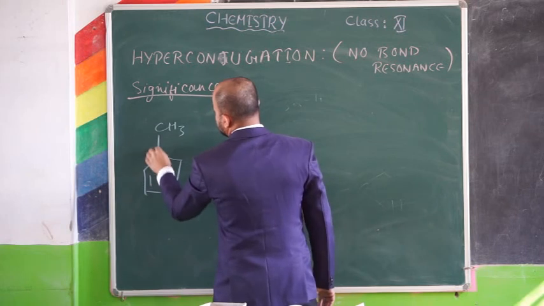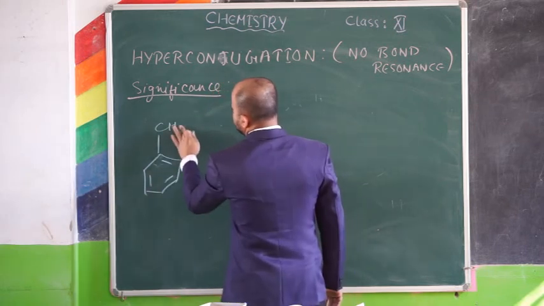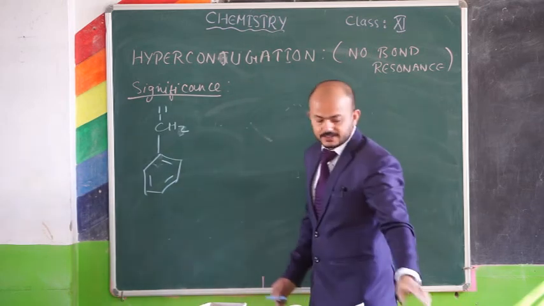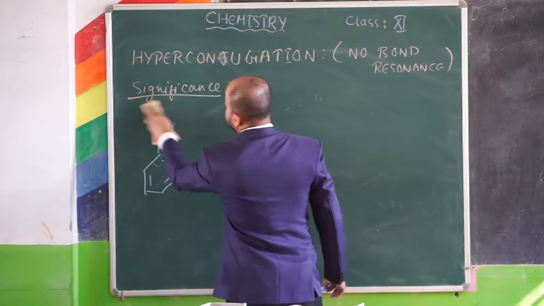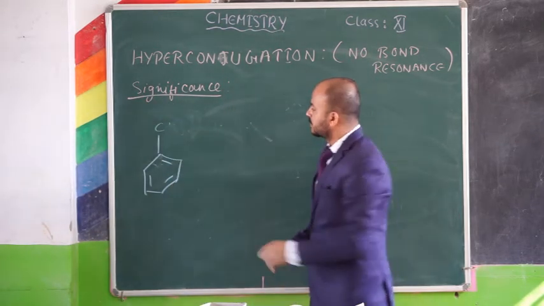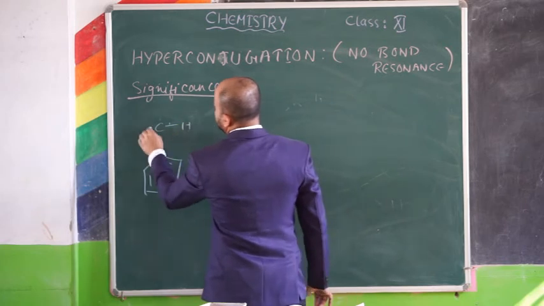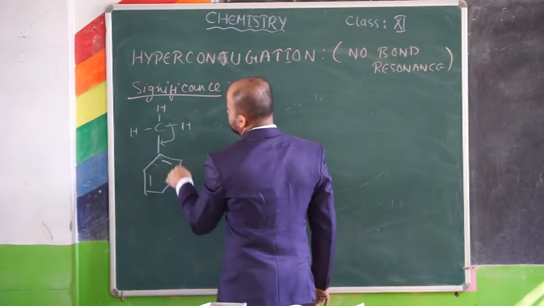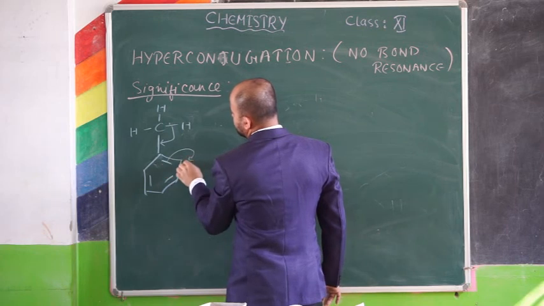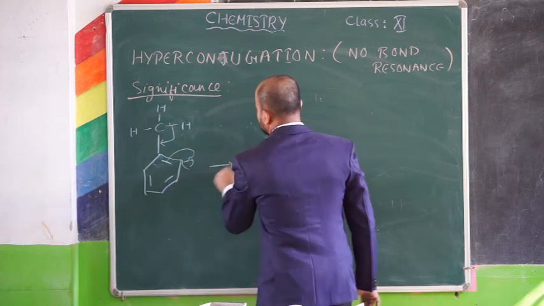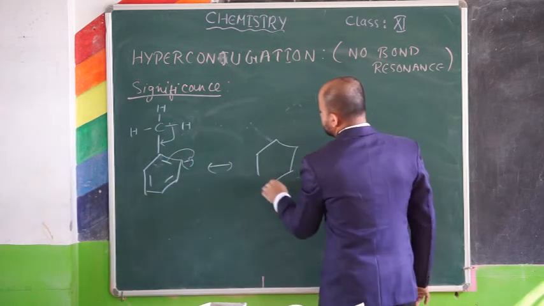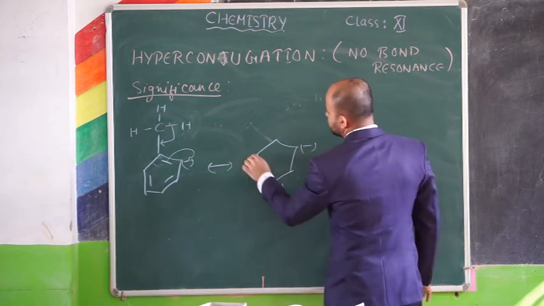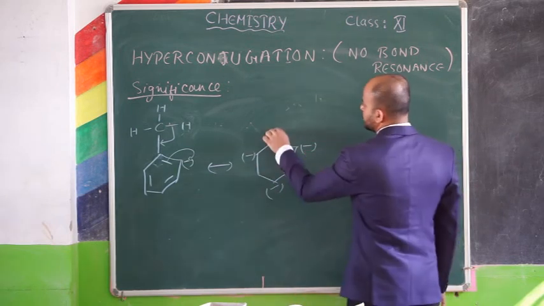Whenever the CH3 group is attached to the benzene ring, then what will happen is this. So let me write it separately. Carbon is here, we have hydrogen and hydrogen. Now this takes part in resonance with this. Because of this, it will have a negative charge over here. So finally, because of this hyperconjugation, you will have a negative charge over here, negative charge here, and negative charge here. Okay? Because of what?